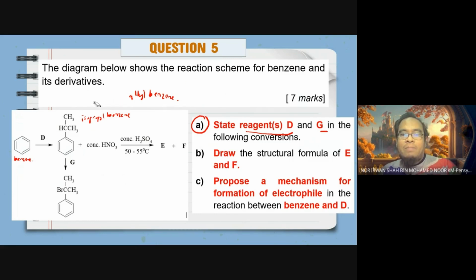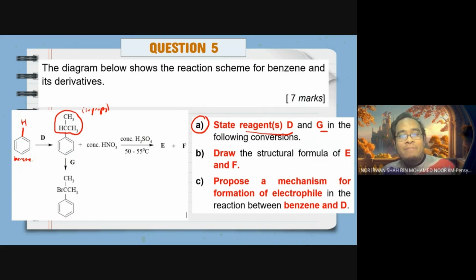Jadi kita akan buat Friedel-Crafts alkylation. Okey, dia senang je Friedel-Crafts alkylation ni guys. Pertama sekali kita tengok dulu apa alkyl kita. Dalam isopropyl benzin, alkyl ni adalah isopropyl. Jadi maksud dia isopropyl inilah yang menggantikan H dekat gelang benzin. Cuma persoalannya sekarang daripada mana datang isopropyl ni kan?